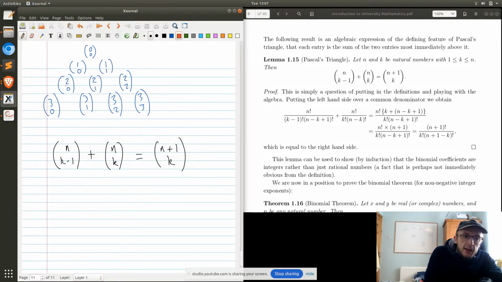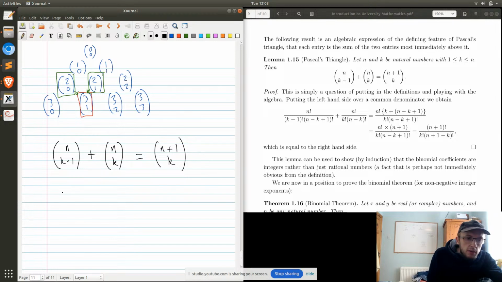And what it's saying is that this entry here is this entry plus this entry. So the top number, you add 1 to it.